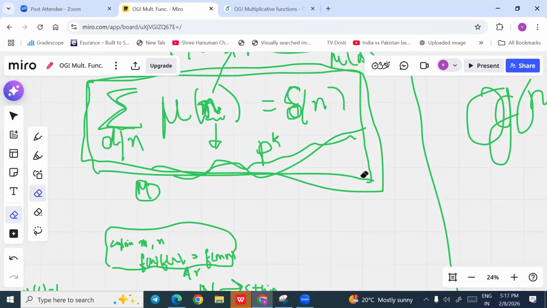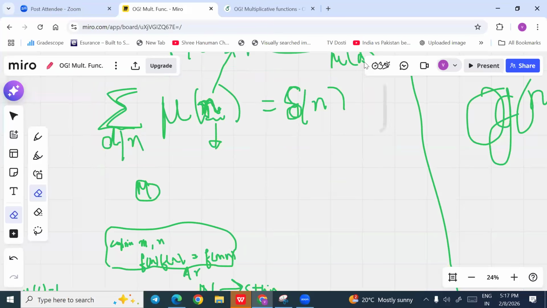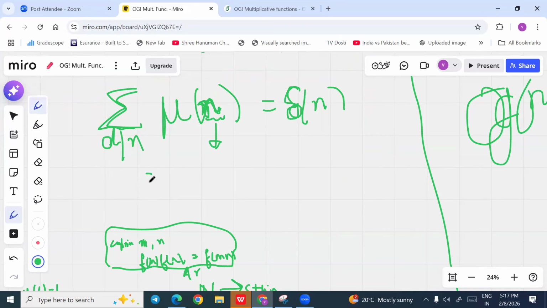Now, the second proof, which I wanted to convey, is using the principle of inclusion exclusion. I told you it's sufficient to prove this for square free n. So if n is square free, let me write it as a product of distinct primes p1, p2, ..., pk, and n is this.